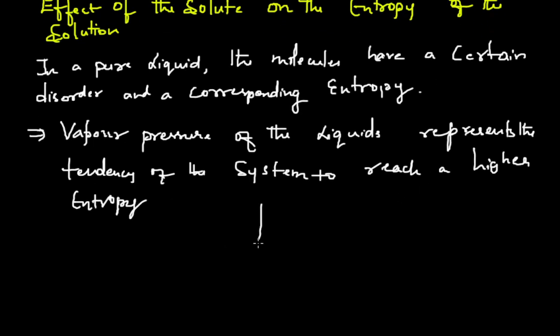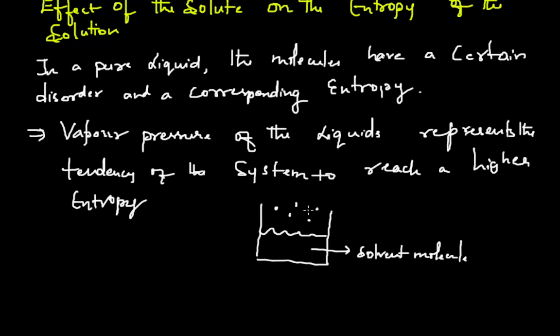Okay. So there are solute molecules, solvent molecules. These have certain disorder and certain entropies there. But solvent molecules in its vapor phase represent higher entropy, right?